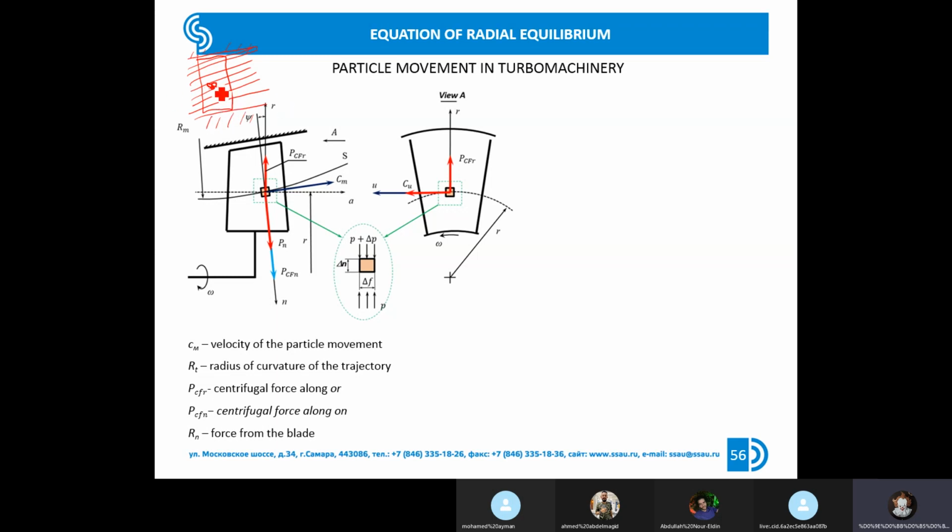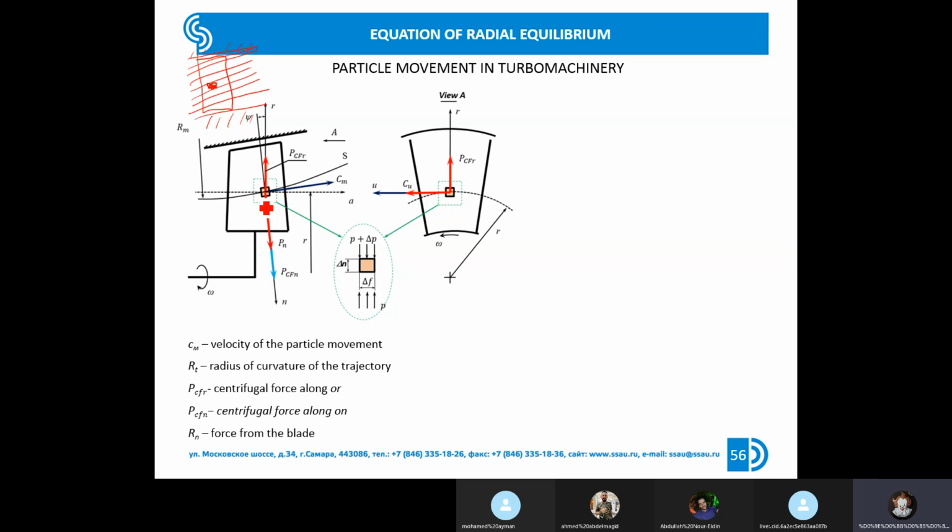So, how to realize layering flow? Let's imagine we have a random blade row, and we choose a random particle, and we need to write the condition of layering flow. What does it mean? It means the particle doesn't change radial position. It doesn't move up, it doesn't move down. It means the radial coordinate is constant.